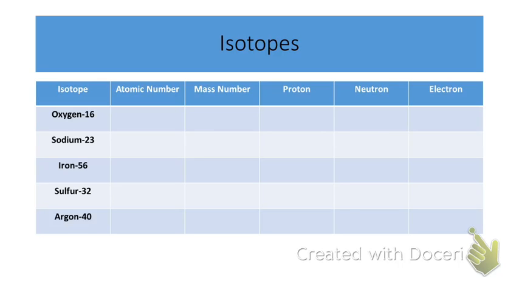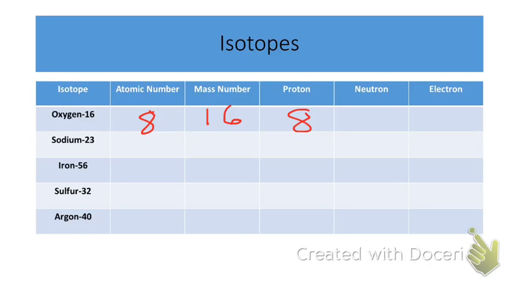So what is the atomic number for oxygen? Looking at your periodic table, you should find that the atomic number for oxygen is 8. The mass number we just said was 16. The number of protons is equal to the atomic number.